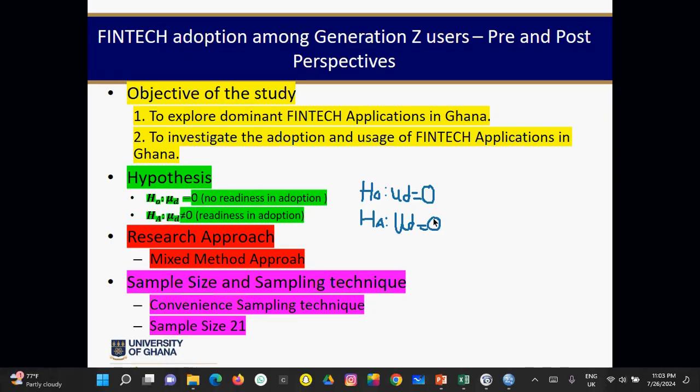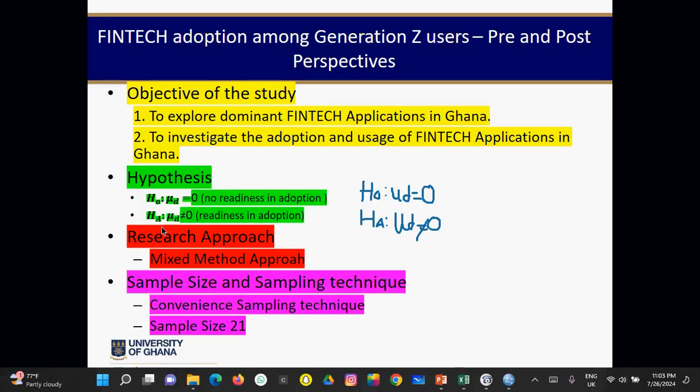So when we test and we fail to reject the null hypothesis, then there is no readiness in adoption. But when we test and we reject the null hypothesis, then it means that there is readiness in adoption of the fintech applications, right?